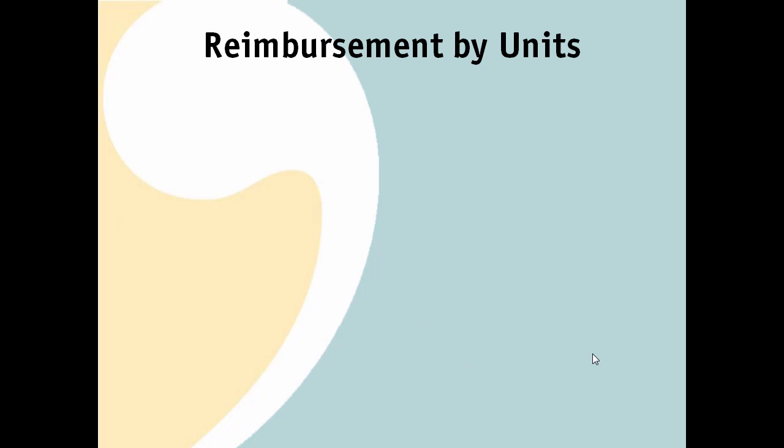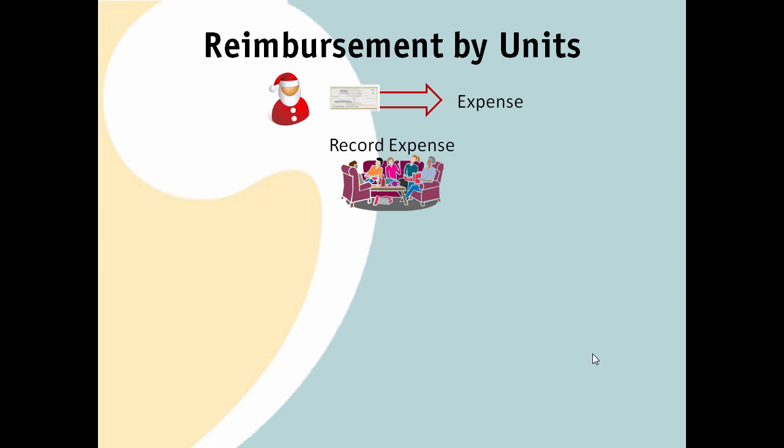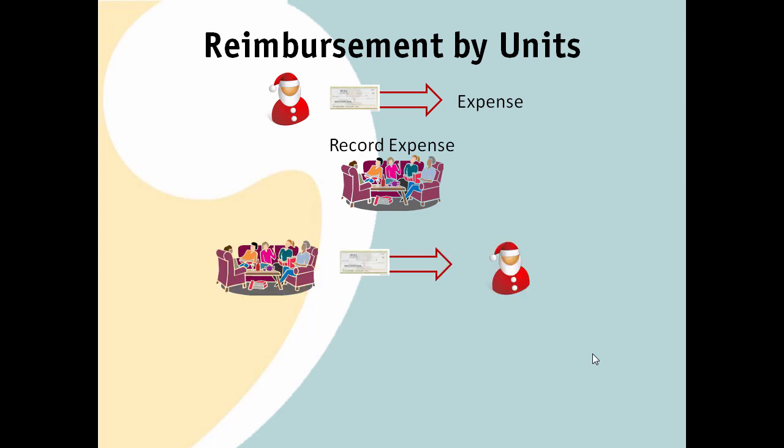You can also reimburse a member with units of ownership in the club. Conceptually, it works like this. First, the member pays the expense. Then you record the expense. It's allocated to everyone, so it is as if each member has chipped in to pay it. You could give the member a check to reimburse him like we just discussed.